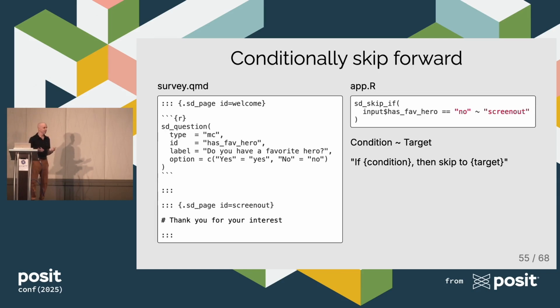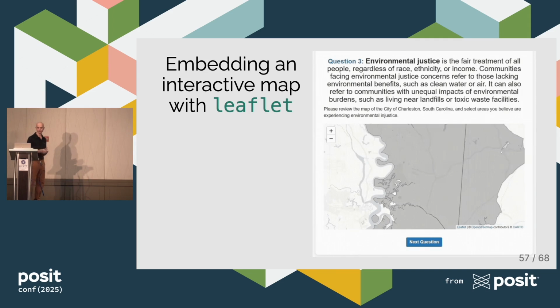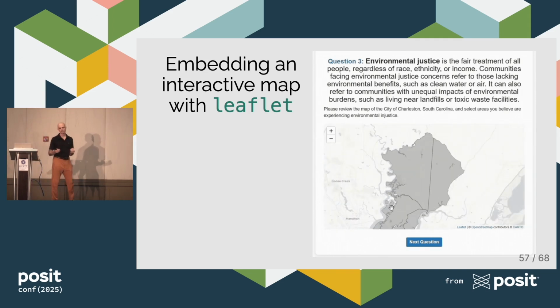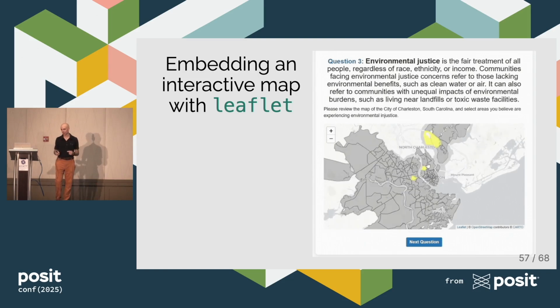Now, one of the nice things about building on top of Shiny is that if it works in Shiny, we can probably find a way to make it work in surveydown. So we have 10 years of development work that we get for free in our surveys. An example of this is we had a doctoral student who wanted to build a survey where they had this interactive map where people were selecting census tracts, and they wanted to record those census tract choices.